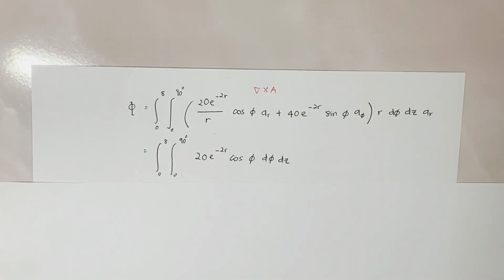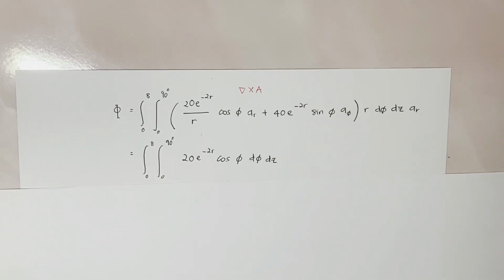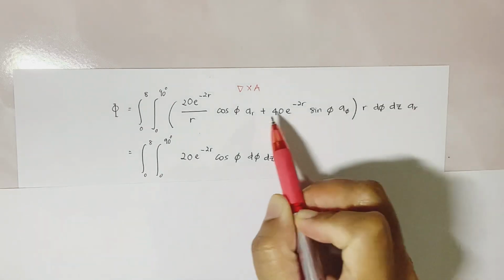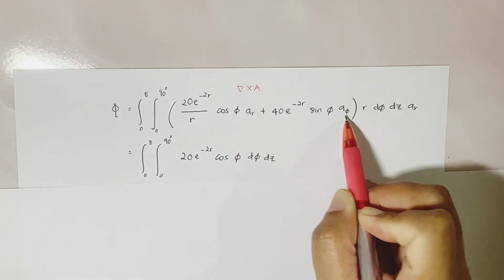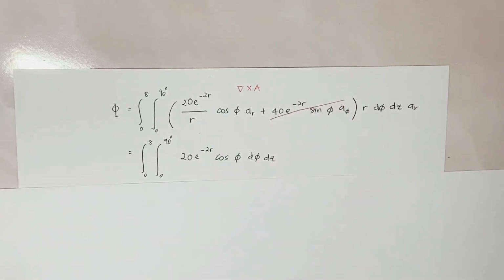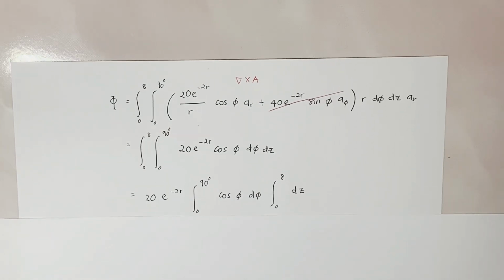Okay, so solve it. Remember, AR times AR equal to 1, and A phi times AR equal to 0. So you can just remove these terms, the second term here. So after you solve it, you rearrange it back. You will get this one.